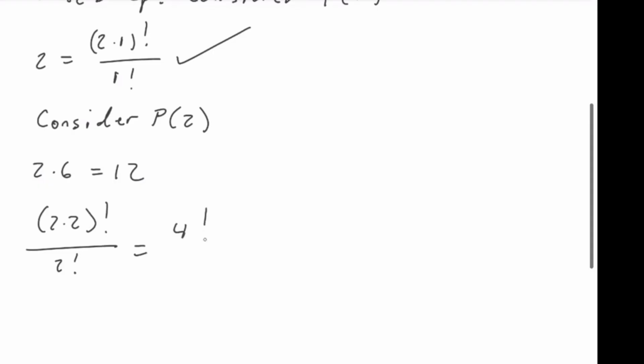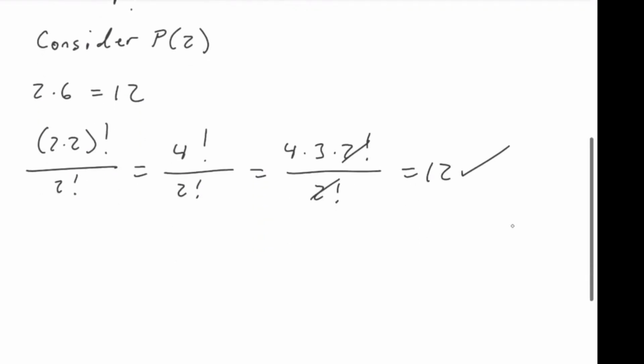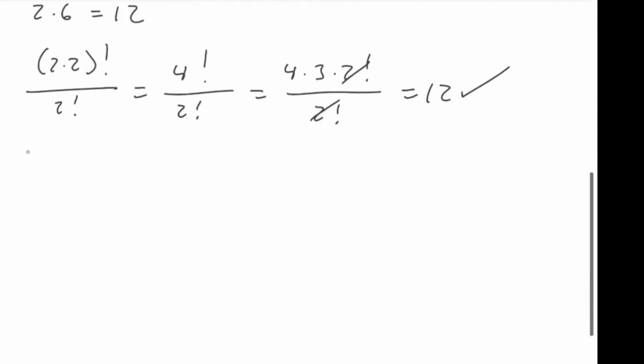That's 4 factorial over 2 factorial, which is, of course, 4 times 3 times 2 factorial over 2 factorial, right? And that gives us 12. So that checks. So let's go ahead and do our induction step.